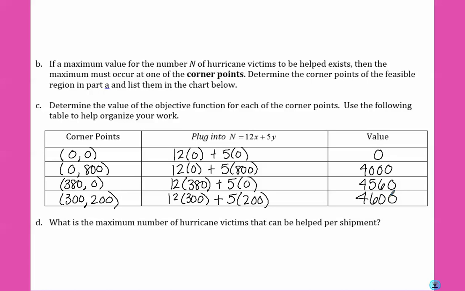All right, so what is the maximum number of hurricane victims that can be helped per shipment? 4,600 if we do what?